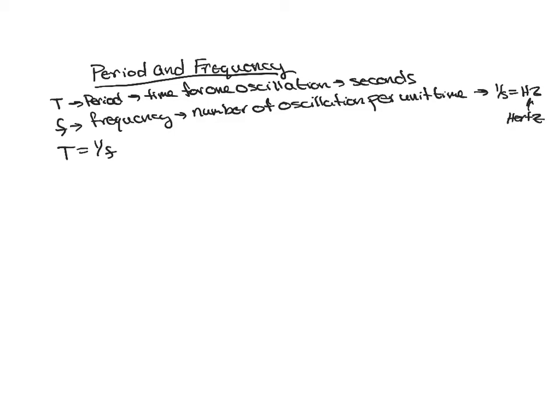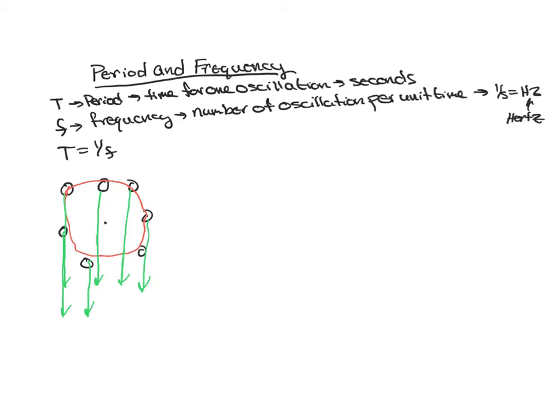So if you look at an object orbiting, if I were to take this circular motion and instead of looking at it like a circle, follow it straight down and look at it edge on rather than face on, it would look like the object was oscillating back and forth, back and forth, back and forth.